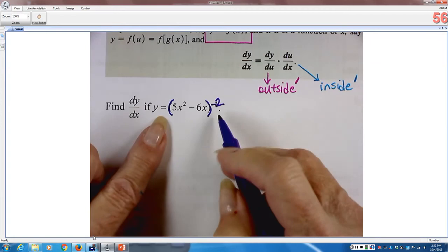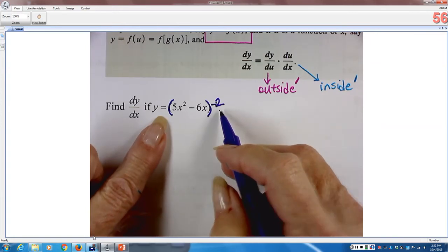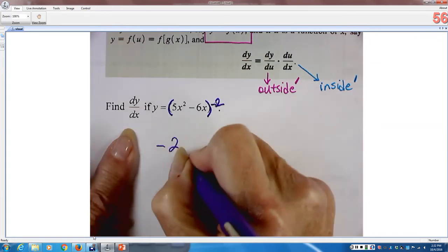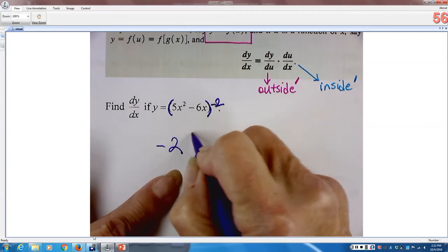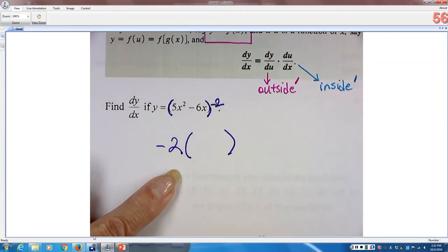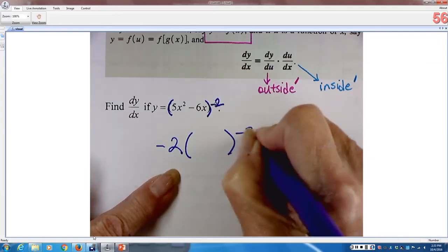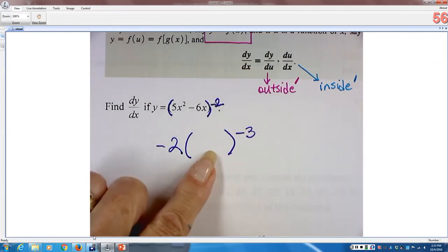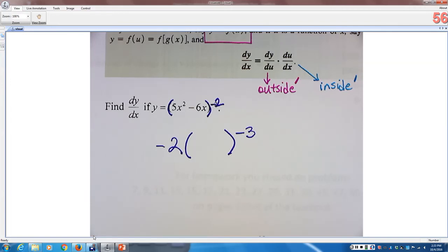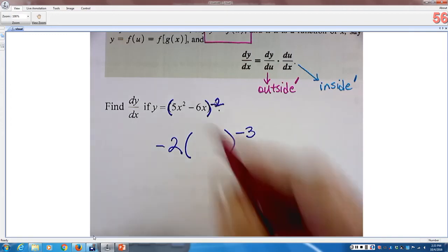And the derivative of something raised to the negative 2 power, you bring the power down in front. What do I do to the power after I bring it in front? Subtract 1 from it. Did anything in here change because of what I just did with the power rule? No. So this is my inside function, what was inside the parentheses to start with.